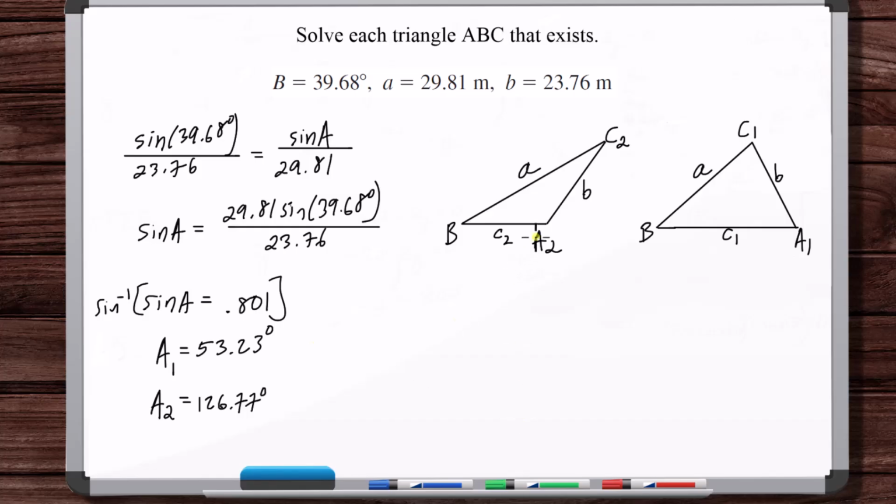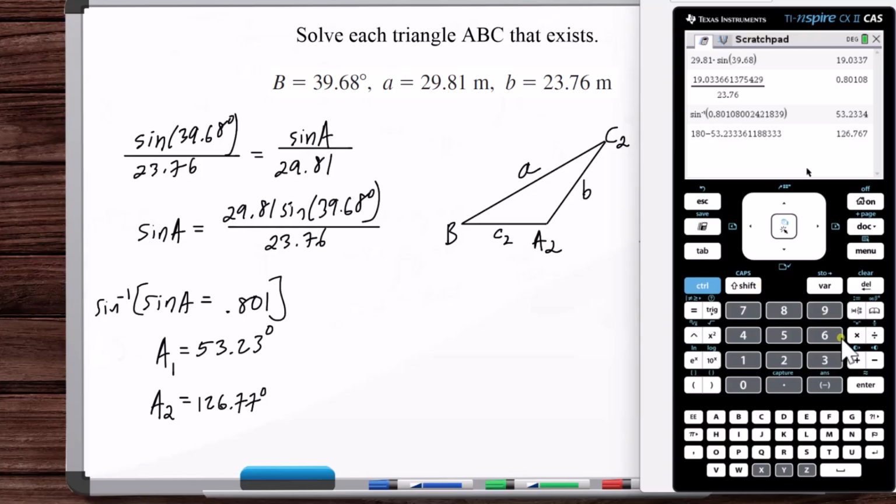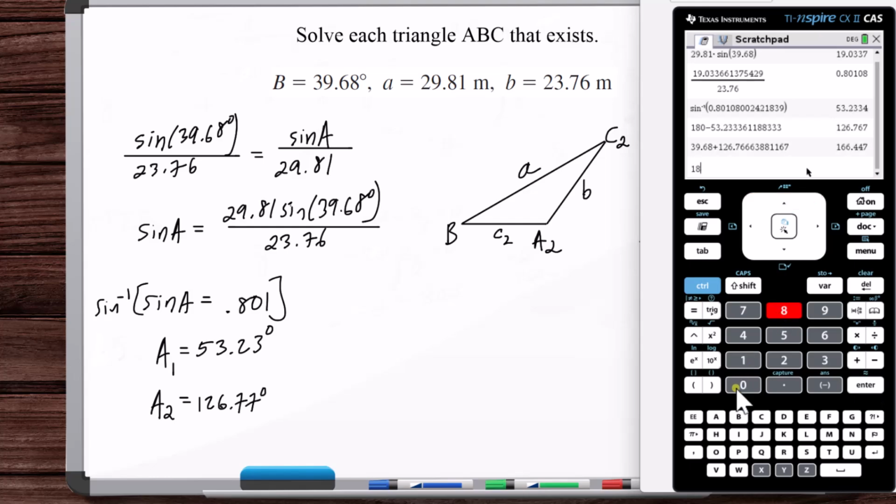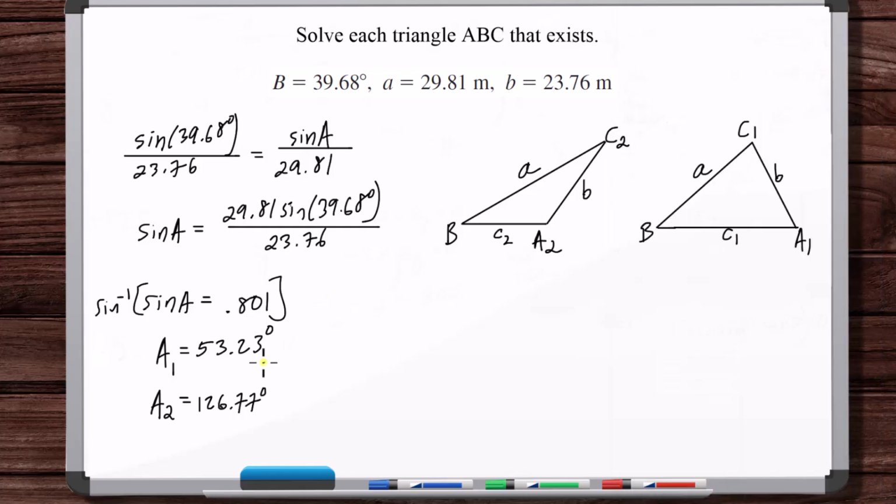We can get C2 and C1 easily. Taking 39.68 plus this, and then 180 minus that, 13.55 is C2.